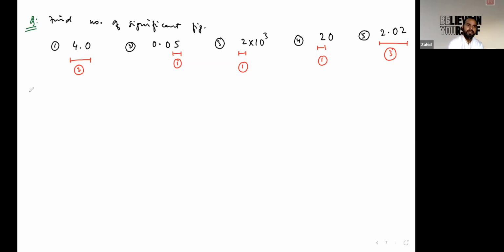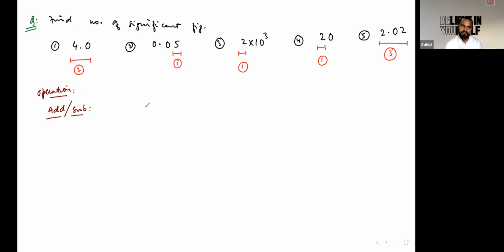Okay. The next thing is how we define significant figures on the basis of some operation. Let's say first for addition or subtraction.